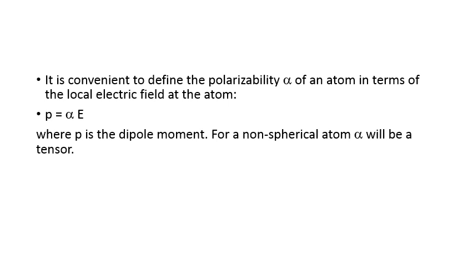It is convenient to define the polarizability alpha of an atom in terms of the local electric field, and this is termed as P is equal to alpha E. Actually, P is the dipole moment, and the dipole moment is proportional to E. You learned this, that P is always proportional to E. Now P proportional to E becomes P is equal to alpha E, and here alpha is called polarizability.